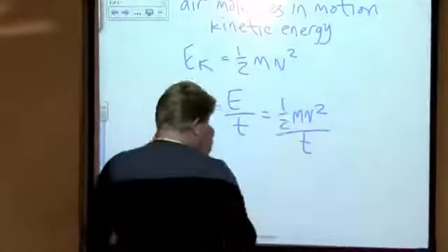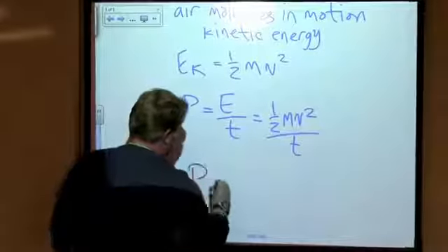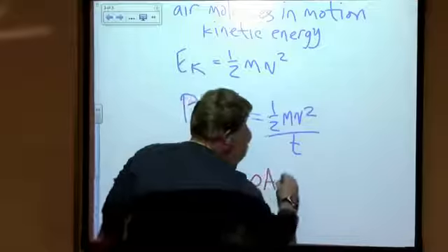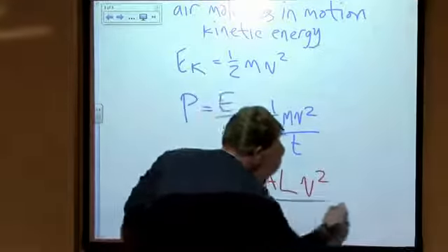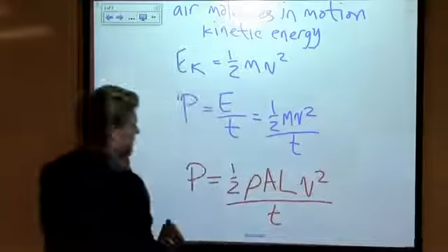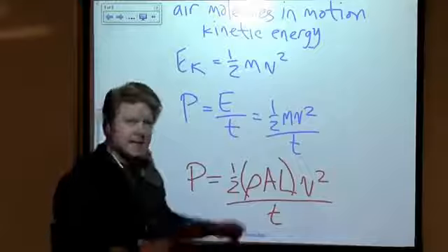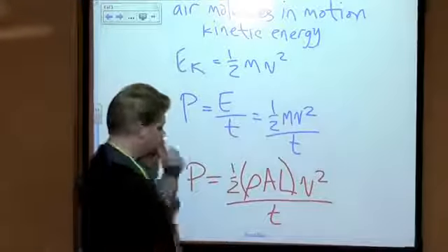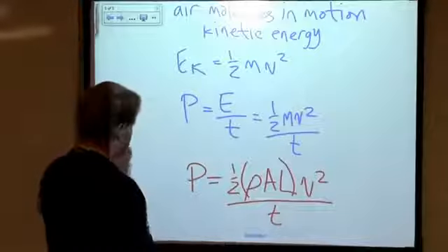So we can replace this mass with what it equals and say that the power is equal to 1/2 times the density times the area times the length times the square of the velocity divided by time. So this right here is the mass that we just plugged in to right here. Pretty straightforward, right?